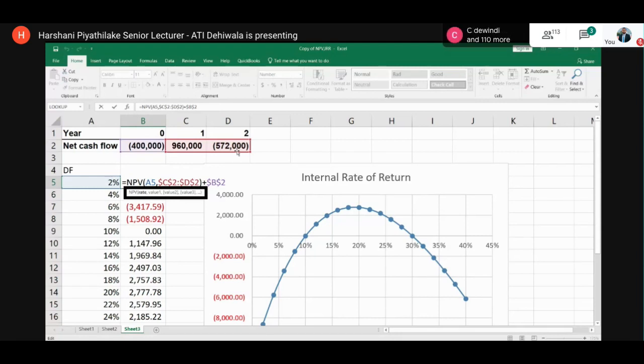At the beginning you have to invest some money, as well as at the end of the second year you spend some money for this particular project, but only at the end of the first year is there a cash inflow. Then students should clearly understand that only the time 0 cash flow will be added separately, directly.